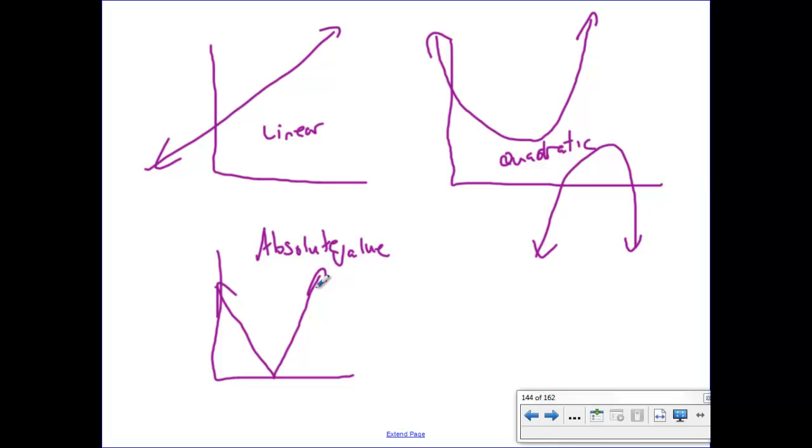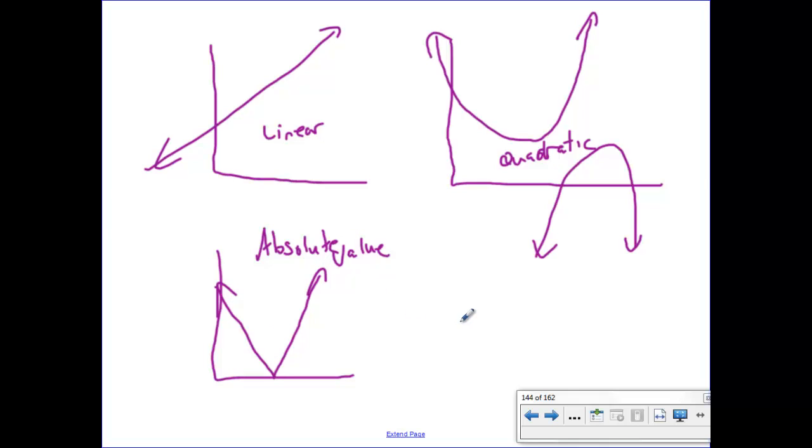Shodi gave an example last time of a basketball bouncing. That could work. Another example for those of you in my physics class, eventually when we talk about light and lasers bouncing off of things, a laser bouncing off a mirror would be an absolute value graph, if that makes sense. Here's a laser going in, bounces off a mirror, comes back the other way.